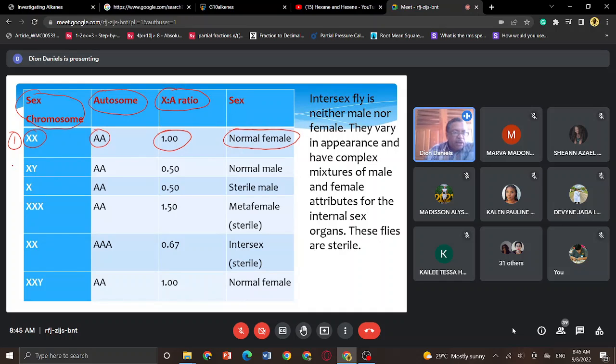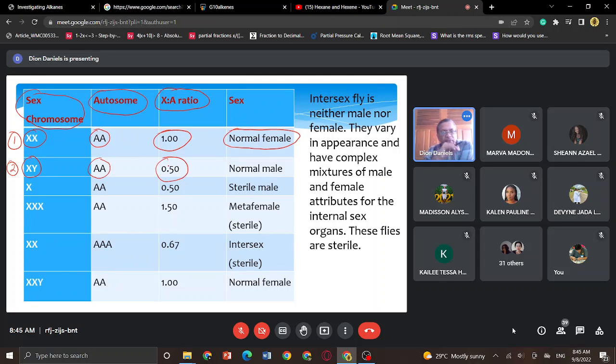Let's take the other row. This organism has 1 X chromosome and 1 Y chromosome, and they have 2 sets of autosomes. The X to A ratio would be 1X divided by 2A. That will give you a ratio of 0.5.